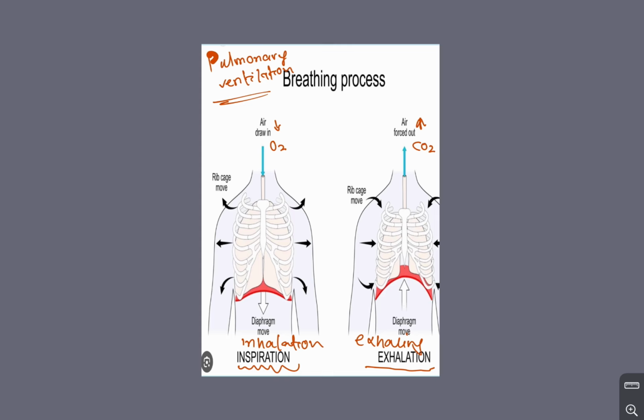Okay, now first we will study what inhalation is, because most of the students get confused in this. What are the changes that happen in the shape of the diaphragm, and what happens to the lungs, what happens to the rib cage? They get confused. Sometimes they write relaxation instead of contraction.